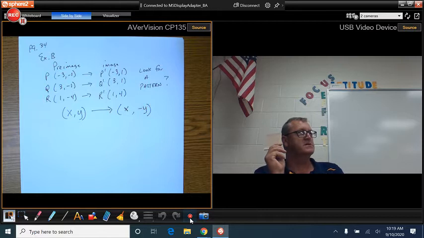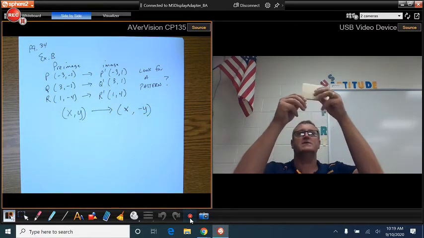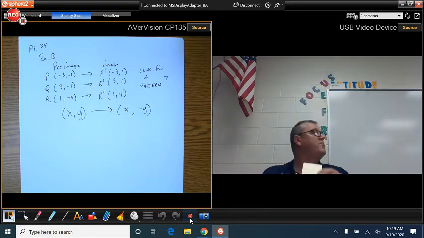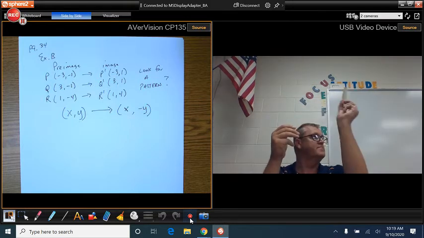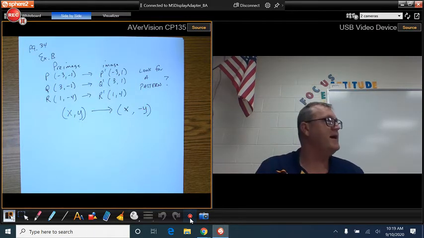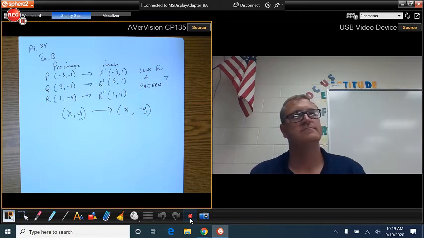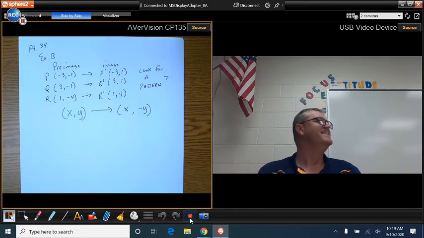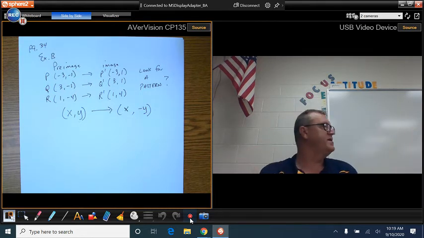It reflects. If we multiply the y by a negative, it reflects across the x. So it goes this way. All right? If we multiply the x by a -1, it reflects across the y. Okay? It's like a pancake or an omelet. What else do you flip? Cheeseburger. All right. Questions on example B?